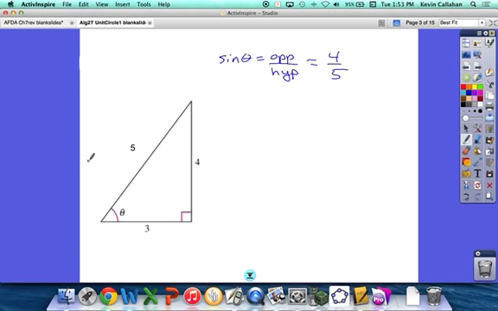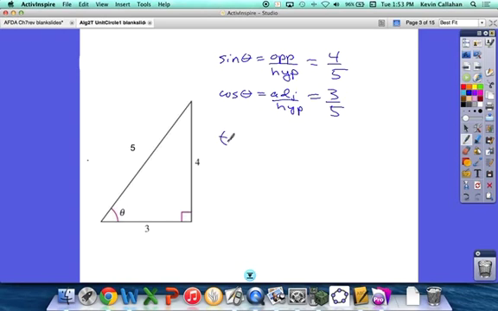What would be the cosine? Adjacent over hypotenuse. In this case, that is 3/5.